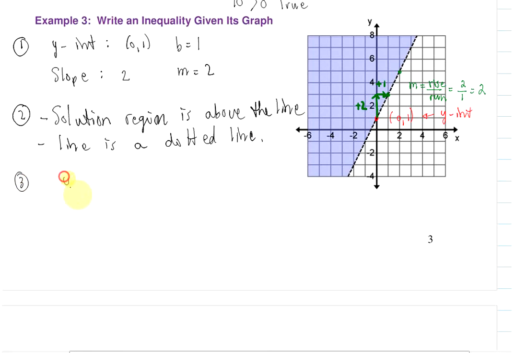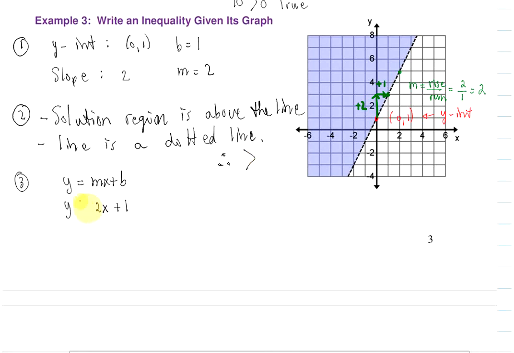So now I'm ready to write my equation. I'm going to start with y equals mx plus b. I know that m is 2, so in place of m I'm going to put 2. And I know that b is 1, so I'm going to put in 1, so I get 2x plus 1. And because my solution region is above the line and the line is a dotted line, my inequality is going to be greater than.